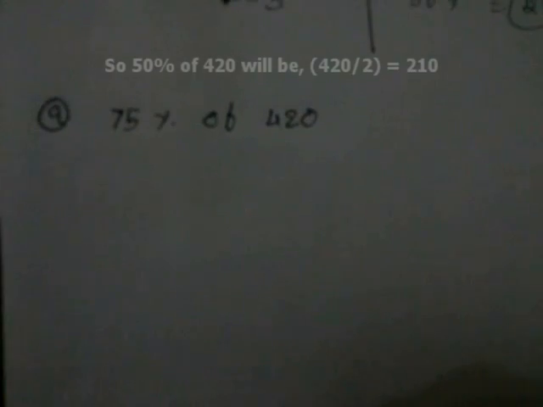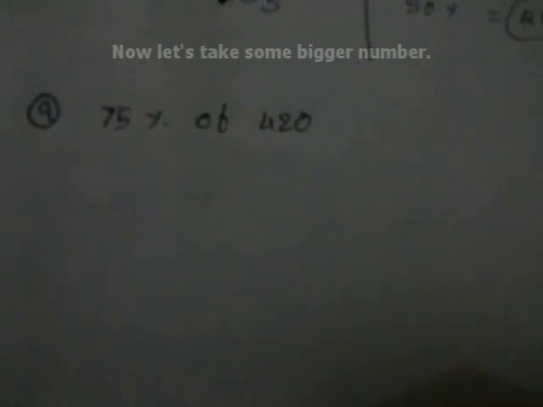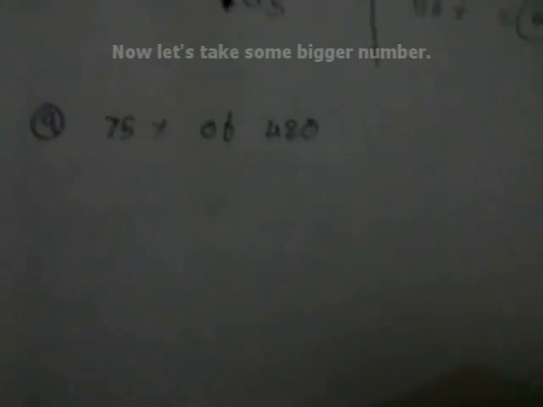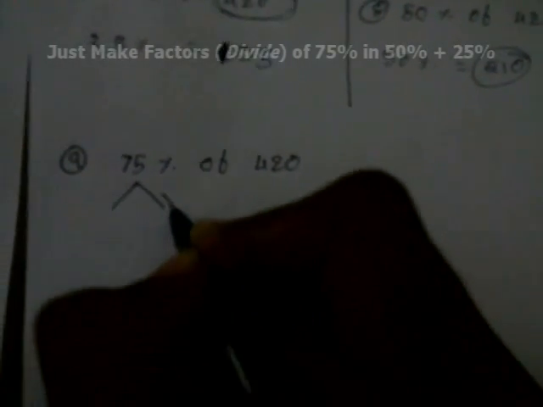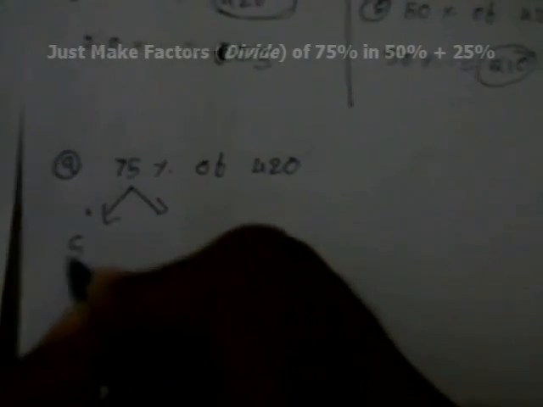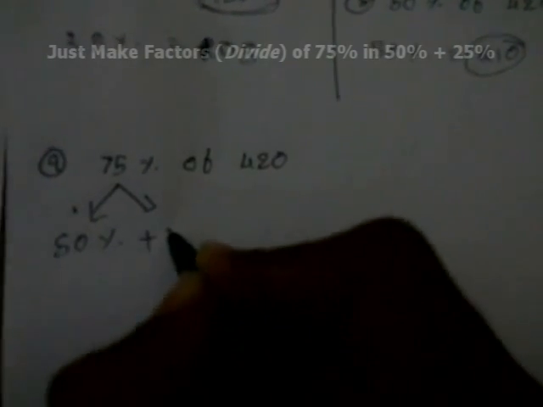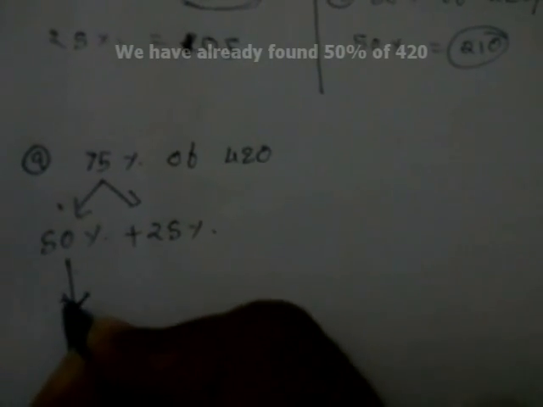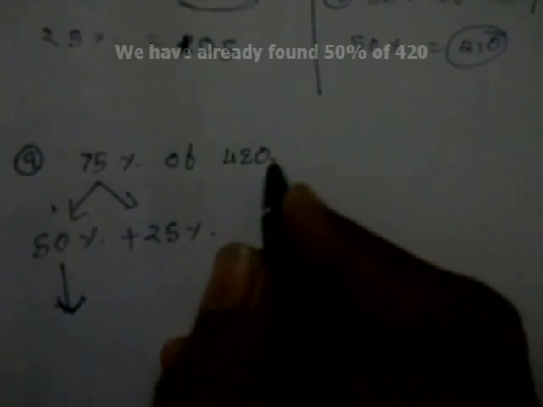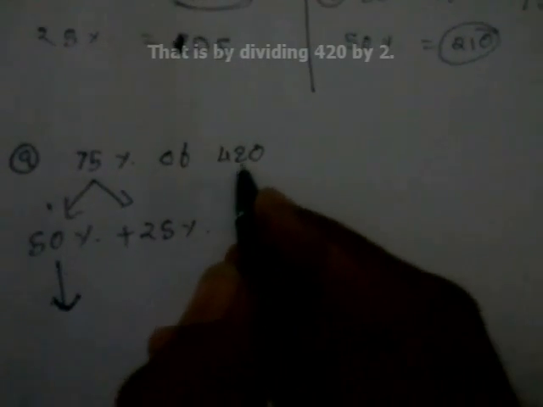So 50% of 420 will be 420 divided by 2, that is 210. Now let's take some bigger number. So 75% of 420. In order to find out 75%, just divide the 75 into 50% plus 25%. So we already found the 50% of 420, by dividing 420 by 2.